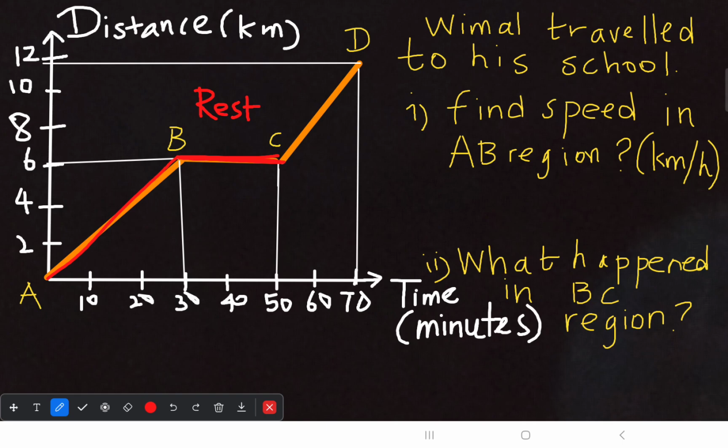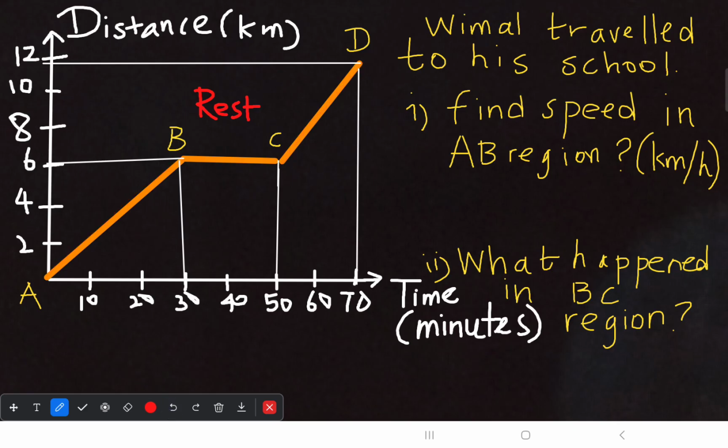We don't know what the speeds are, but we can get an understanding by looking at this diagram. There is one constant speed, then another constant speed, but these two are not the same, because here you can see its slope is different. This slope is a little gentle, and this one is a little greater than that.